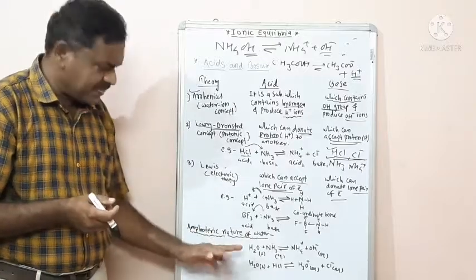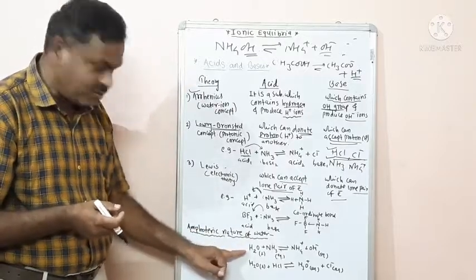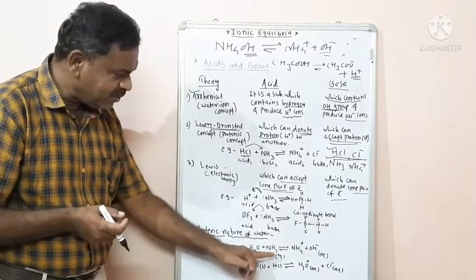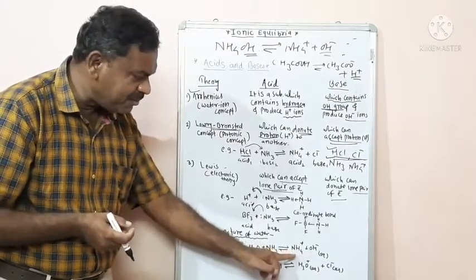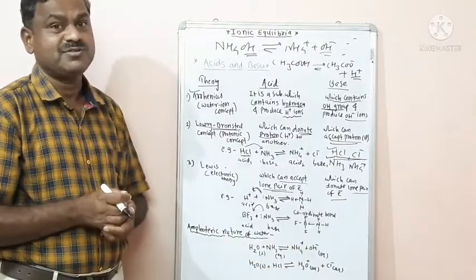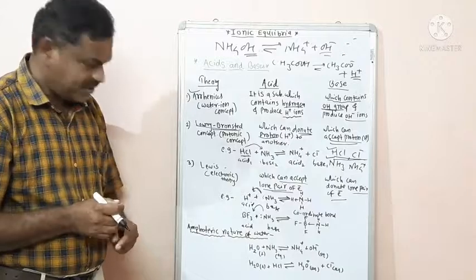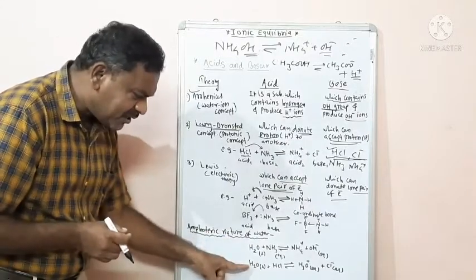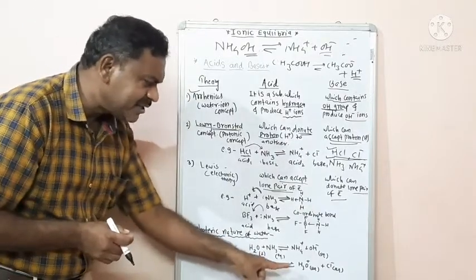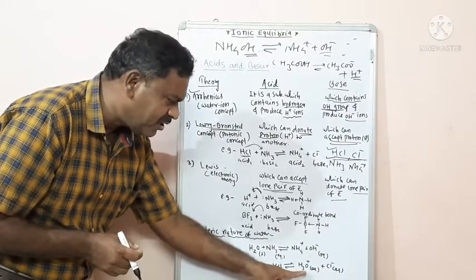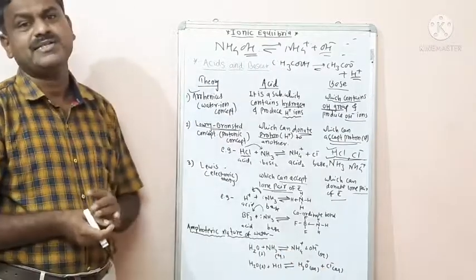For example, liquid H2O combines with NH3 to form ammonium ions and hydroxyl ions. In the same way, water combines with HCl to give hydronium ions, H3O plus, and Cl minus ions.